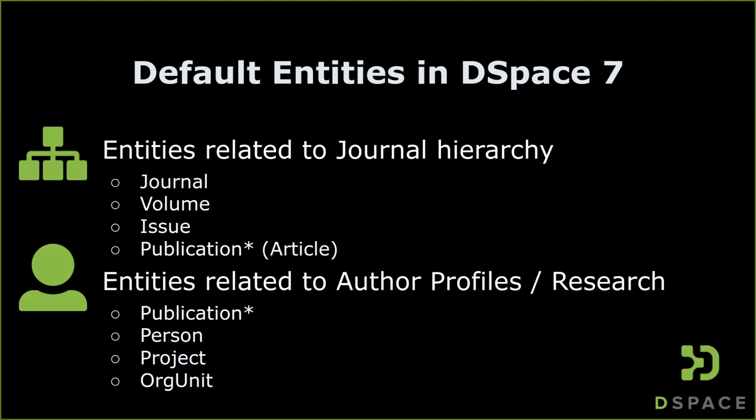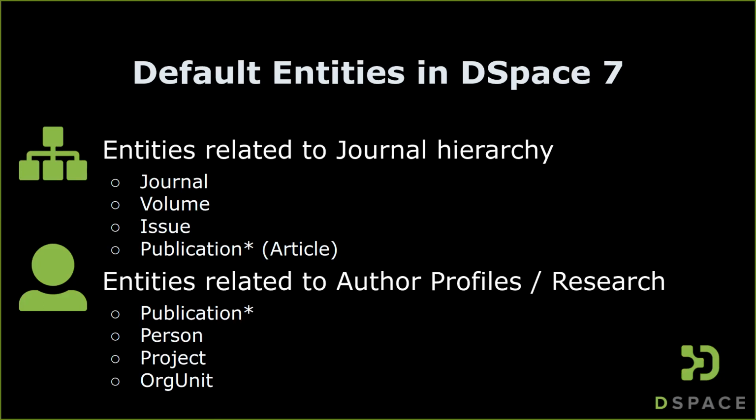Another structure that we also provide out of the box is a very simple form of author profiles or a research system where we use that same publication entity, but now we can relate it to people, the authors of that specific publication. And those people can be parts of projects, and those projects or people can be parts of an organization.